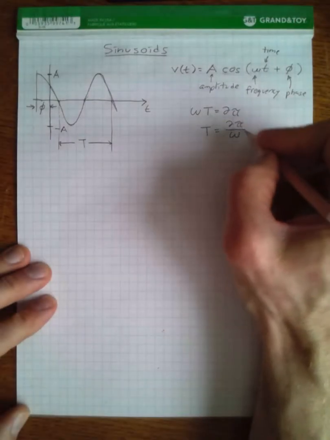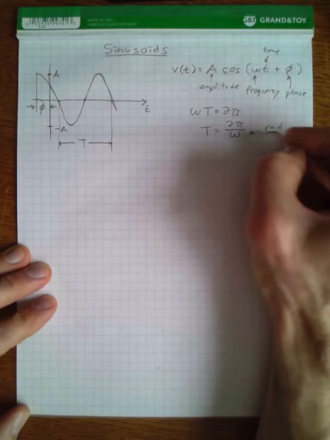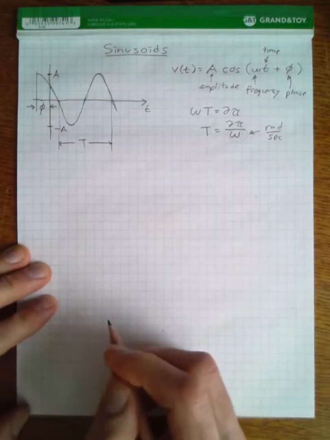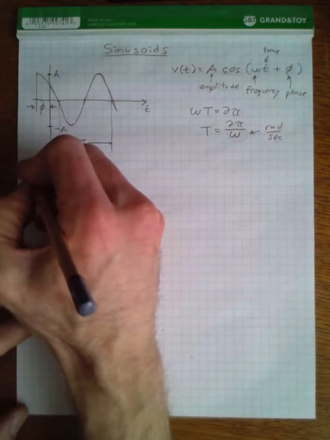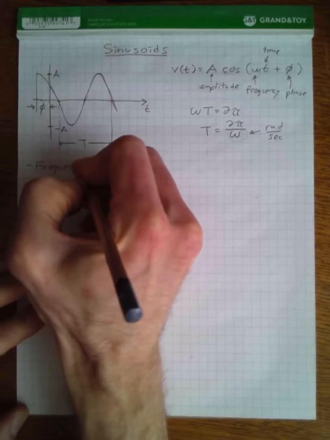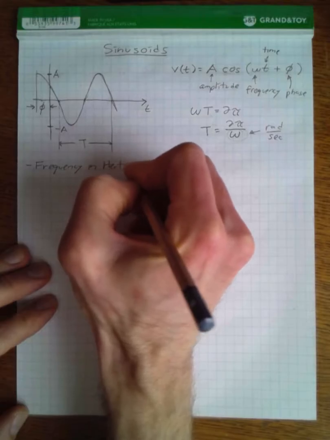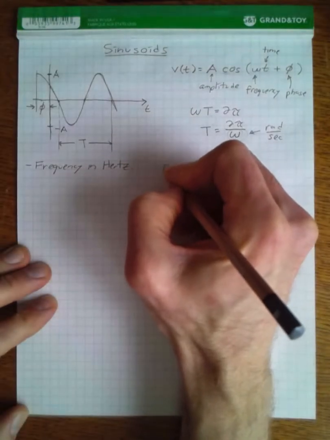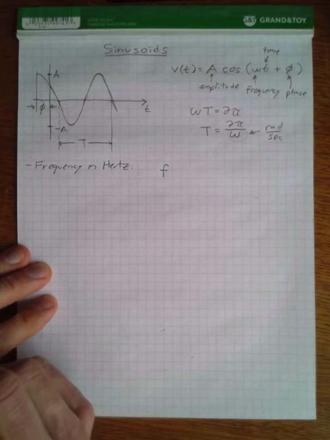And again, the units are radians per second. And frequency can also be expressed in terms of hertz. Usually we represent the frequency in hertz with a lowercase f.